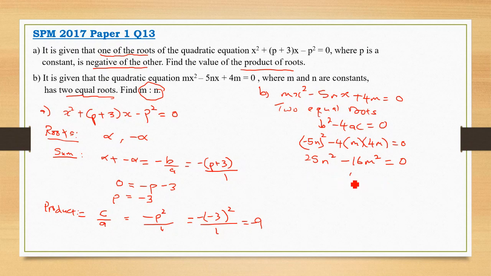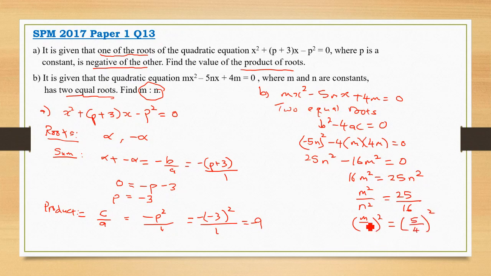So what we have is, I bring it across, so the negative becomes positive. Bring your m and n together, the numbers together. As you know, this one can be put in square form, same as this, 5 over 4 squared.